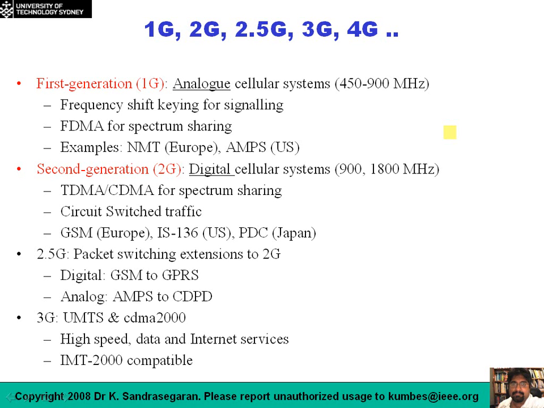And then came the 2.5 generation technologies like GPRS, which were called 2.5 because they were considered halfway between 2G and 3G. Here packet switching was added to 2G networks. And you have a whole lecture on GPRS. As I said, after your midterm exam, the next lecture is GSM, where you'll go into more detail about 2G.